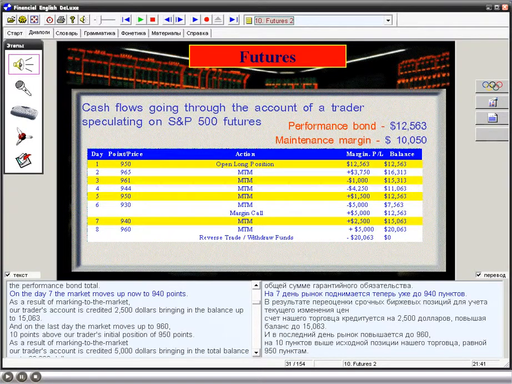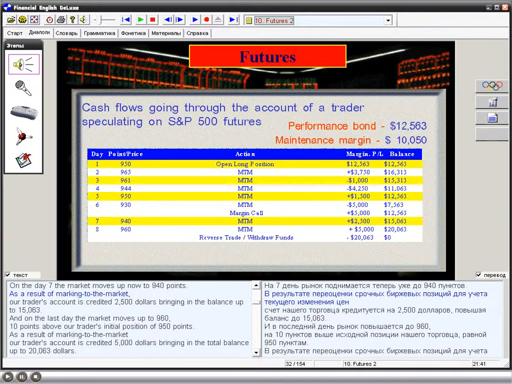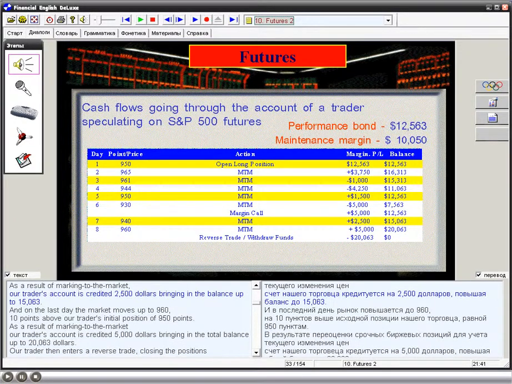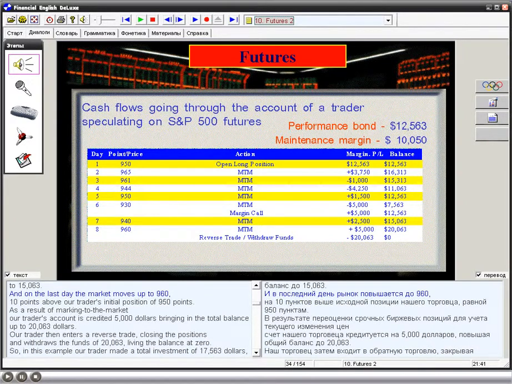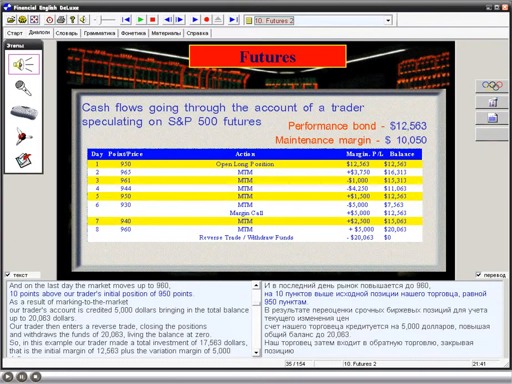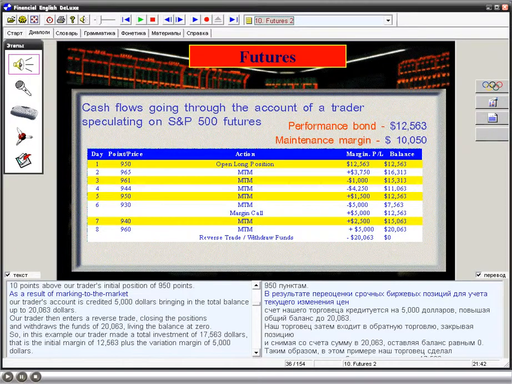On day 7, the market moves up now to 940 points. As a result of marking to the market, our trader's account is credited $2,500, bringing the balance up to $15,063. And on the last day, the market moves up to 960, 10 points above our trader's initial position of 950 points.